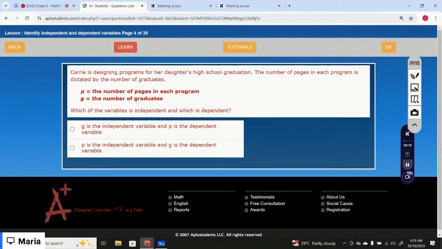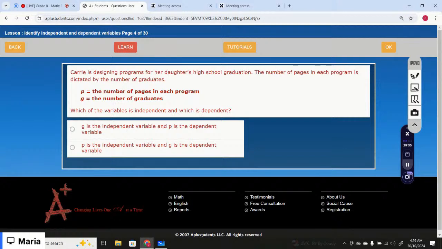So if you have more graduates, you have more pages, right? That means the number of pages is dependent on the number of graduates.